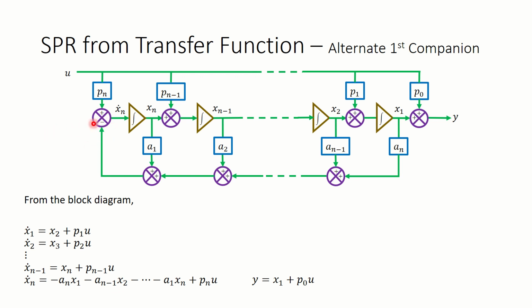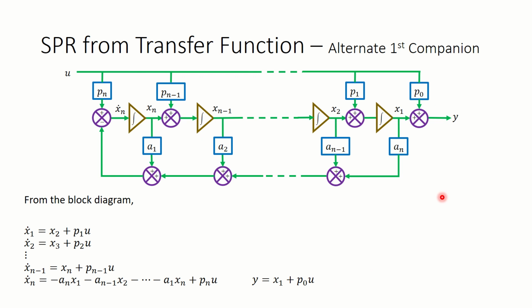So please note this, and in your notes you must give the correct block diagram. So all these things and this p and u getting added, so that forms xn dot. What is y? Y is x1, but this p0u is also coming, x1 plus p0u.